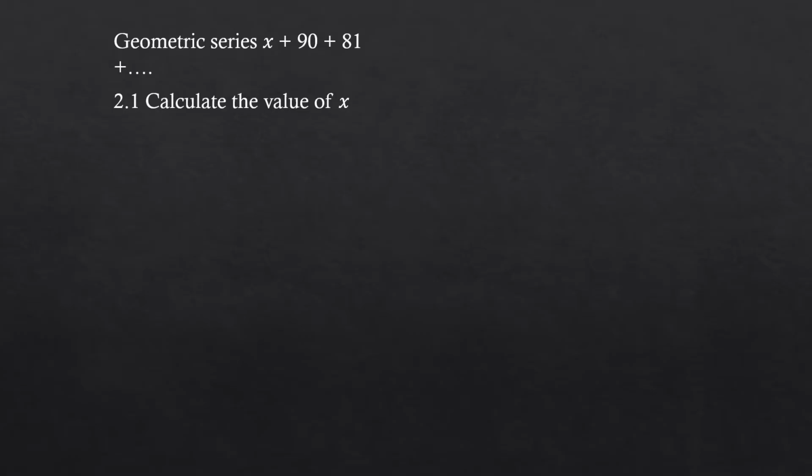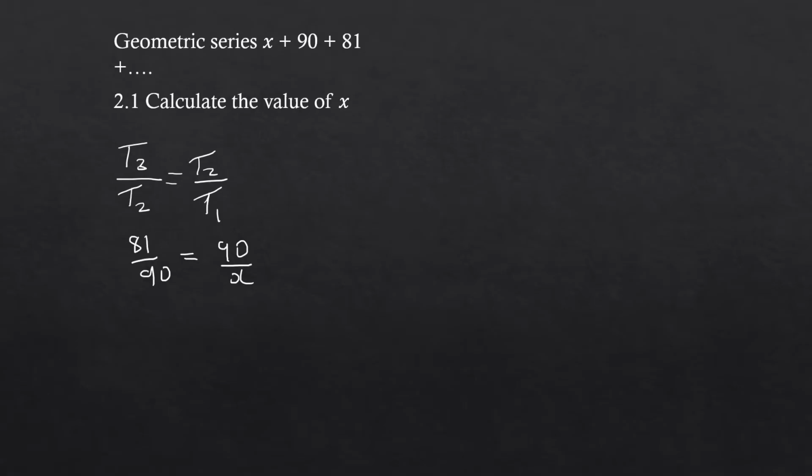So T3 divided by T2 is equal to T2 divided by T1. Therefore 81 divided by T2, which is 90, is equal to T2, which is 90, divided by T1, which is x.